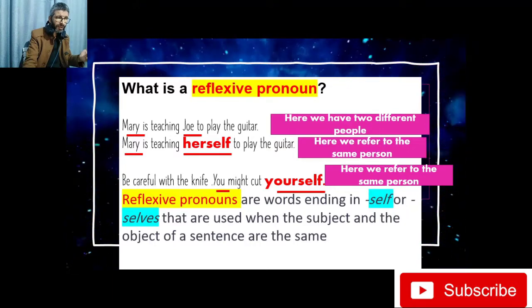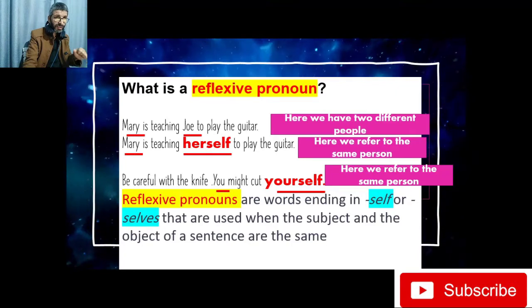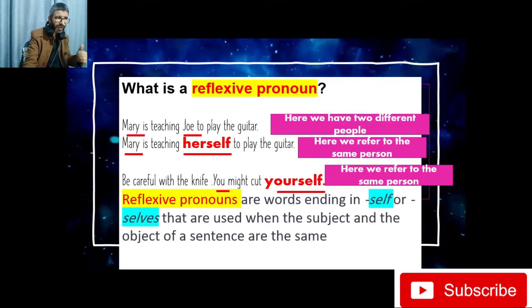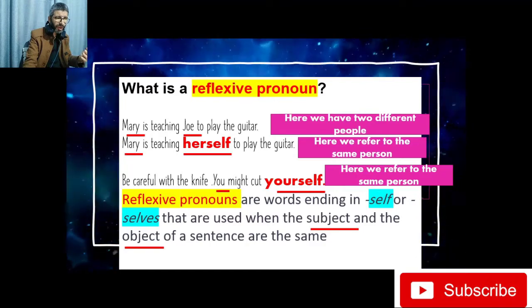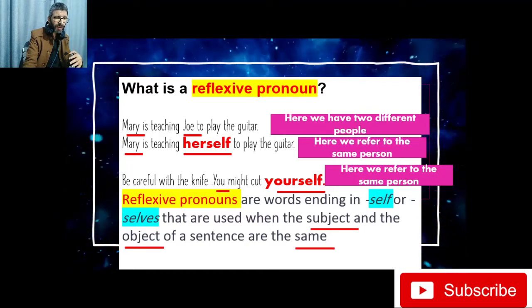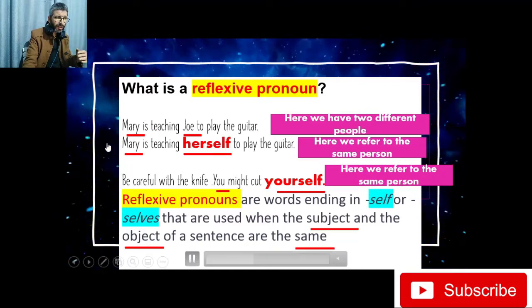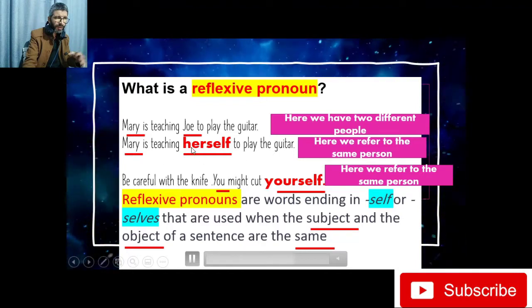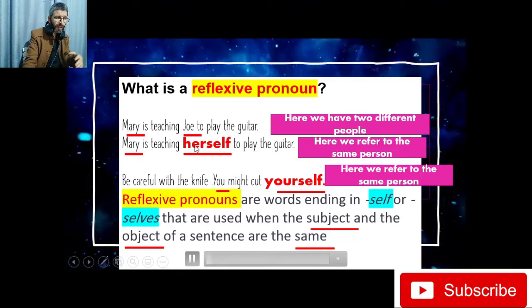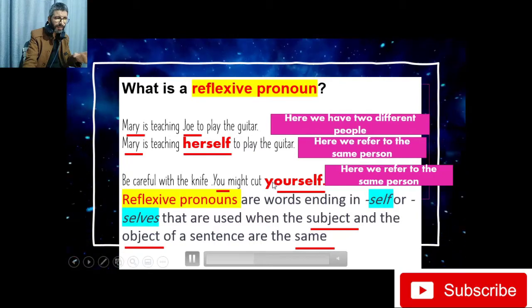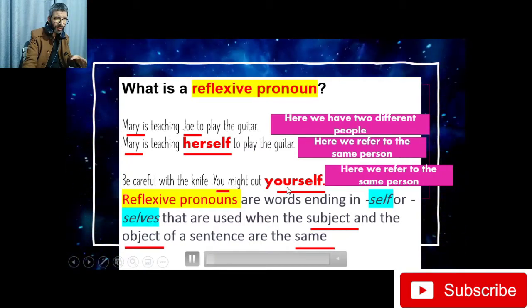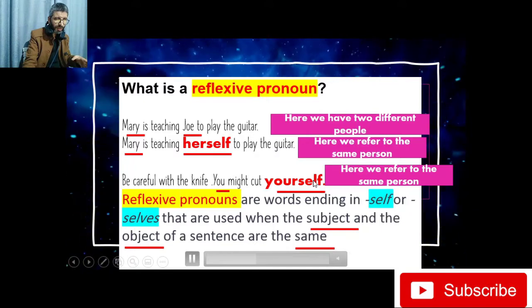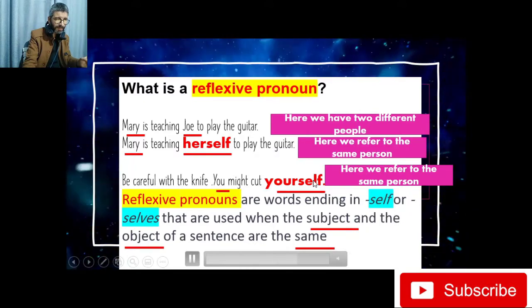Reflexive pronouns are words ending in self or selves that are used when the subject and the object of a sentence are the same. As you can see here, Mary, herself: the subject and the object are the same. The same thing with this example: you, yourself.